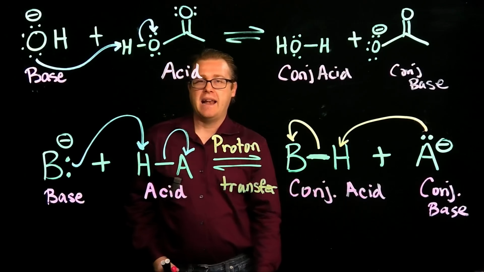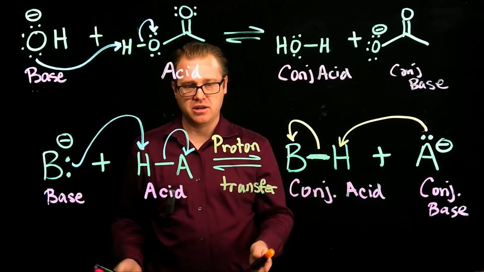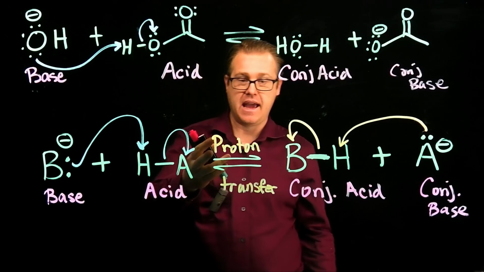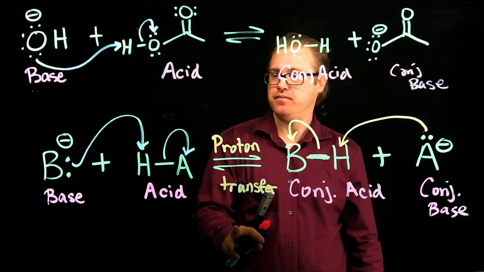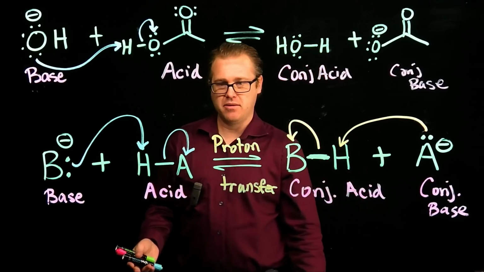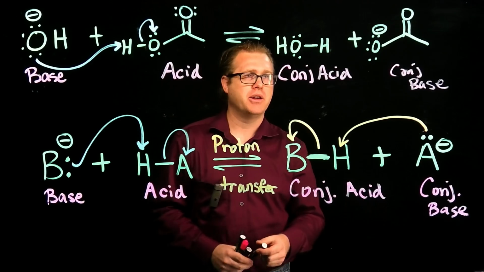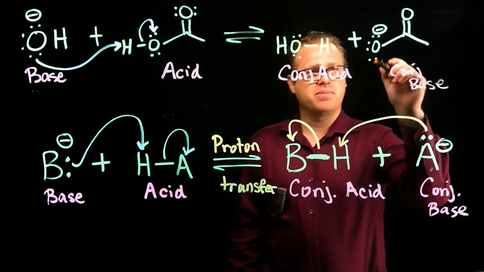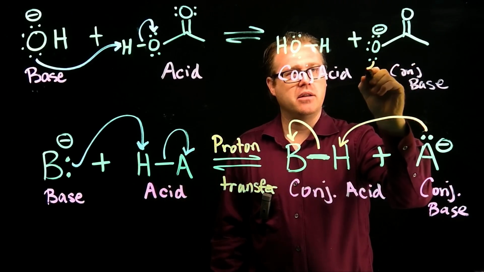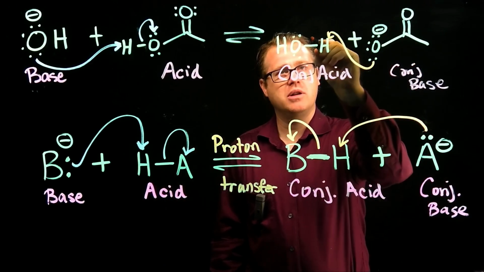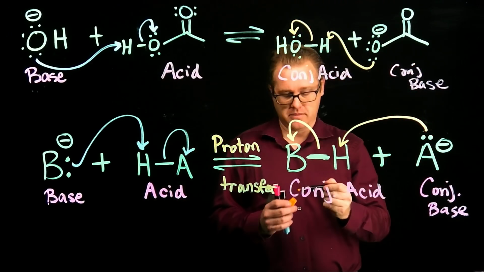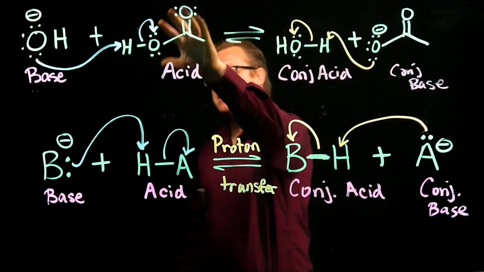So I can look at an acid-base reaction and call it a proton transfer, because that's exactly what's happening. We are just transferring protons between two molecules. So if we do this proton transfer here, we would take a lone pair, grab a proton, and put it back. And that would be the reverse to get us here.